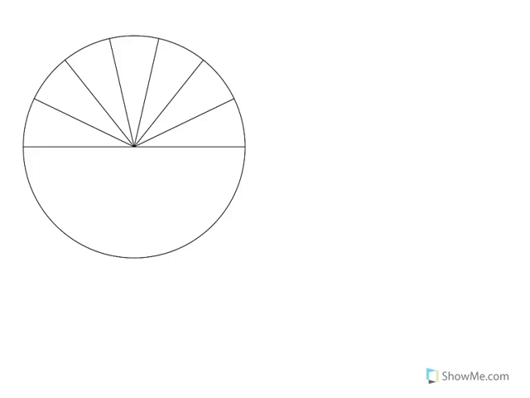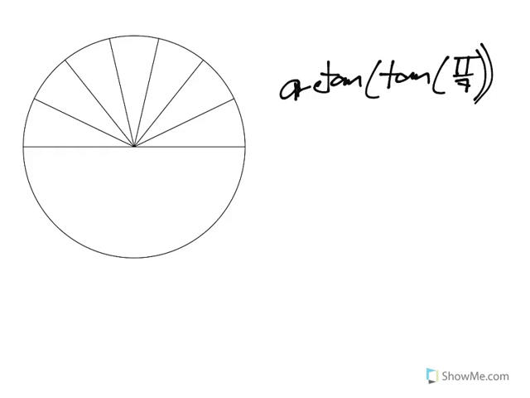This first one, the arctan of tangent of π/7, I've created a circle where that upper hemisphere, the π radians, broke up into 7 equal pieces. So 1 π/7 is right there. So I have a sense of what this is.